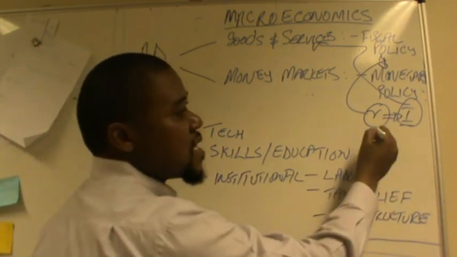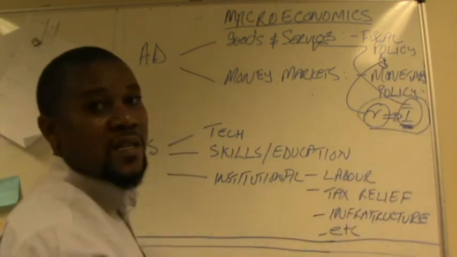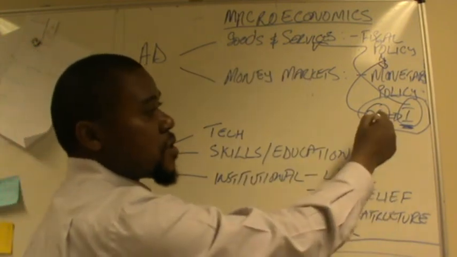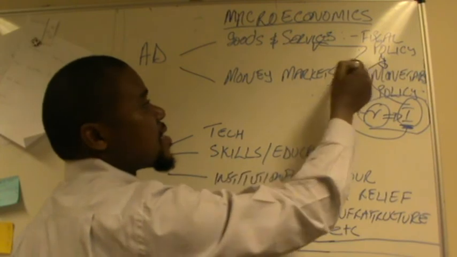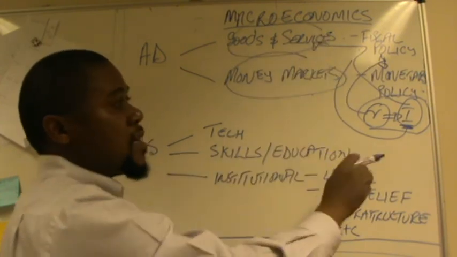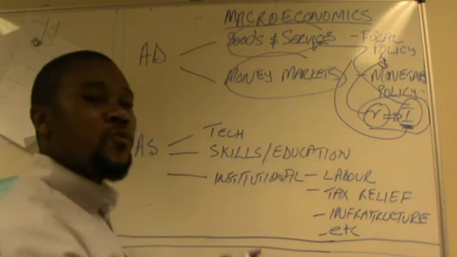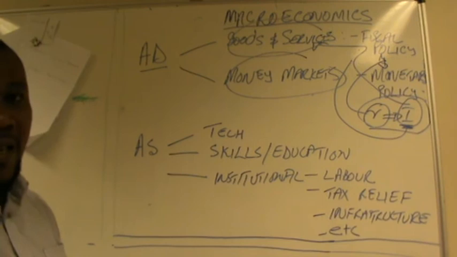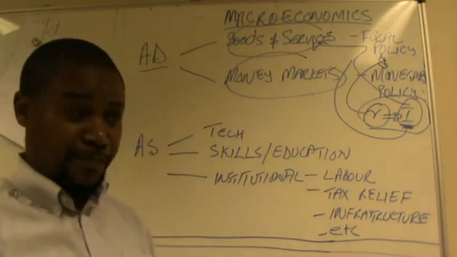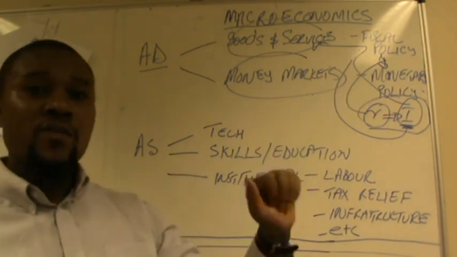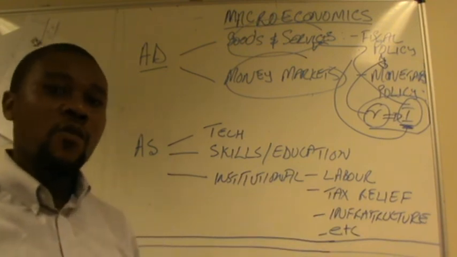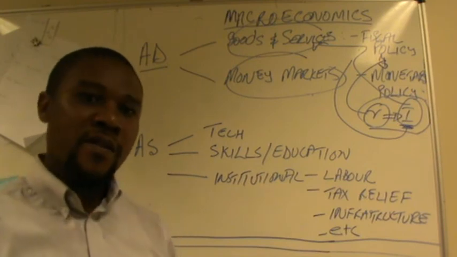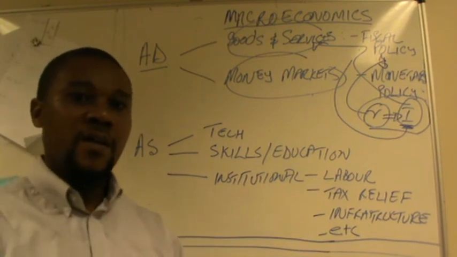So really you'll see that this investment variable in the goods and services market connects these two markets through the interest rate. And then we're going to put the two together, and then we come up with the aggregate demand model. This model was first developed by Keynes in the 1930s. It was really a simple Keynesian model at the time, and then it became bigger and bigger and bigger.